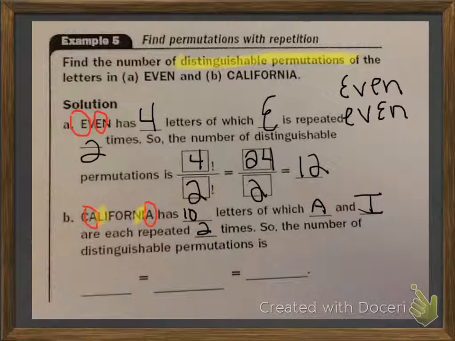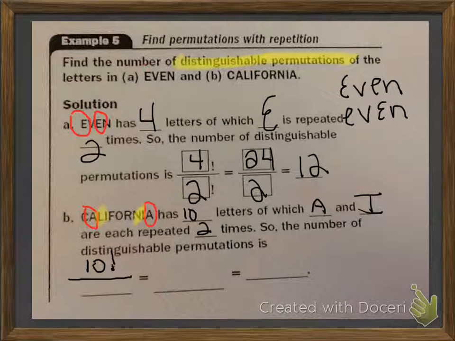So now, here's my fraction bar. I have my total number of letters in California is still 10, so I will have 10 factorial on the top. The bottom of my fraction will look a little bit different since I have two letters that are each repeated twice.